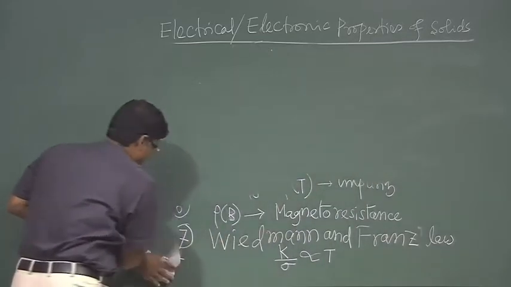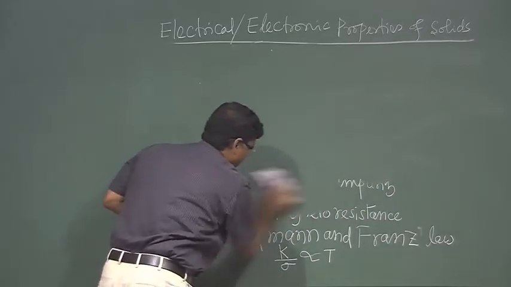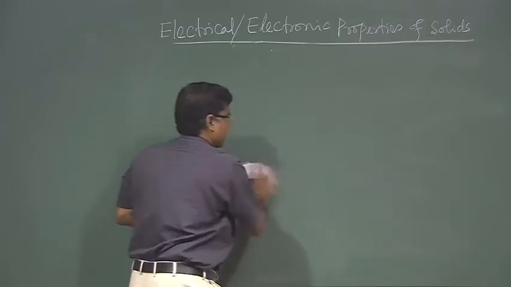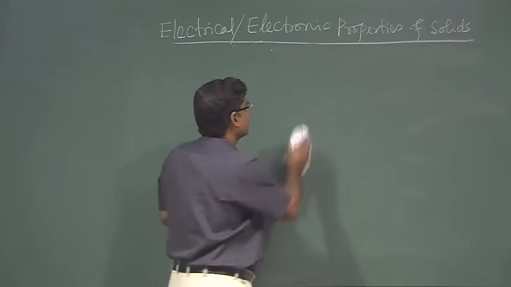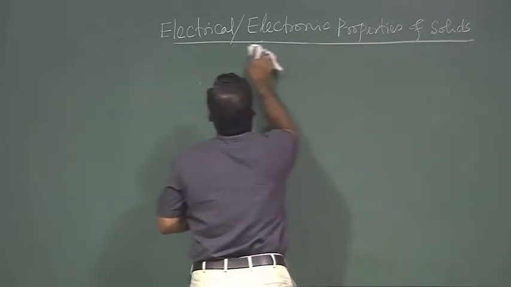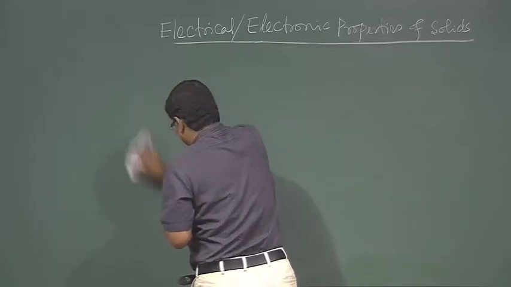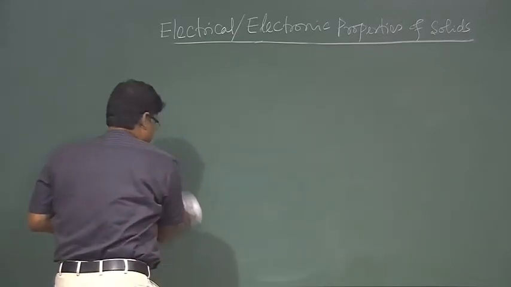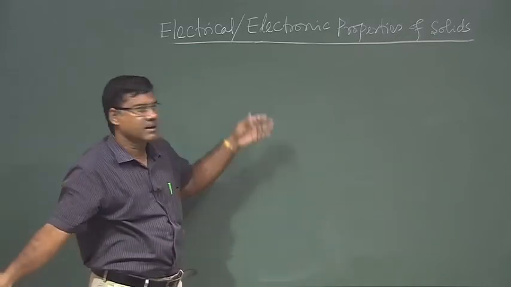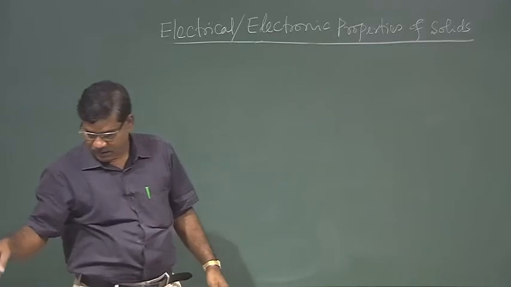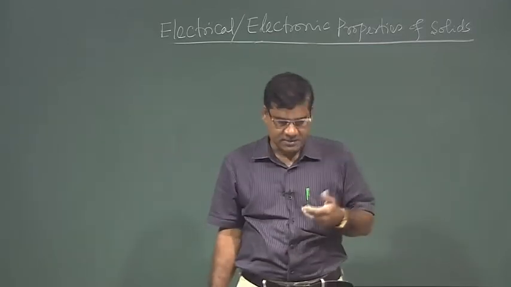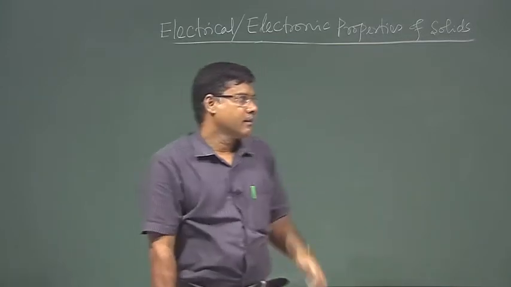For that we have to know about the electronic structure of the metal, because electrical or electronic property basically depends on the electronic state or electronic distribution in the metal.